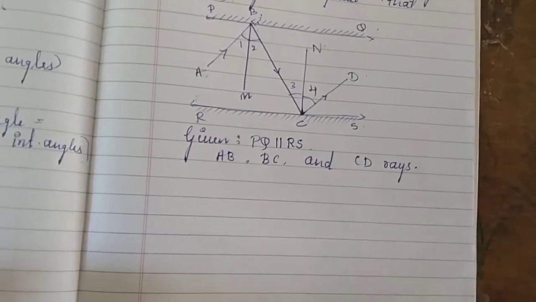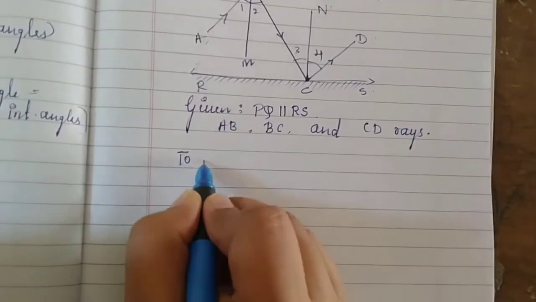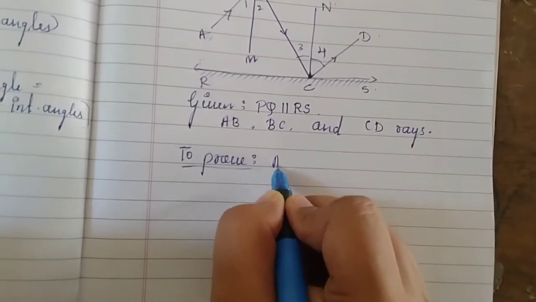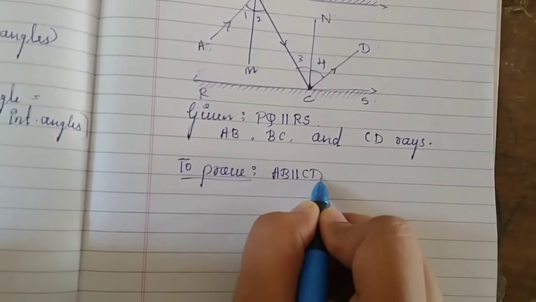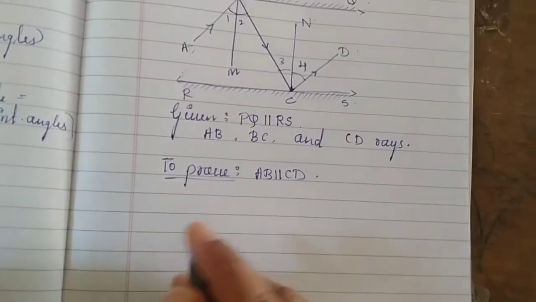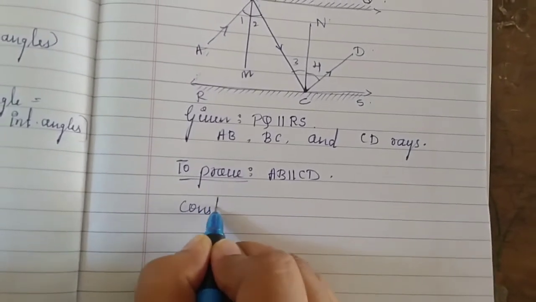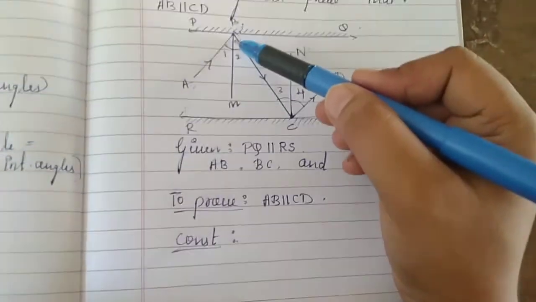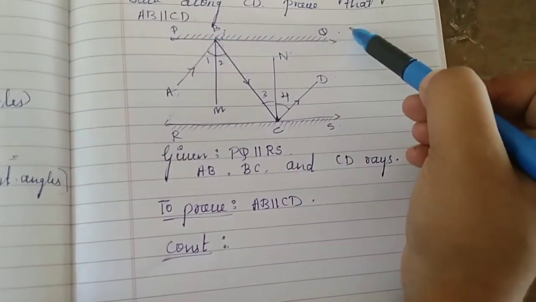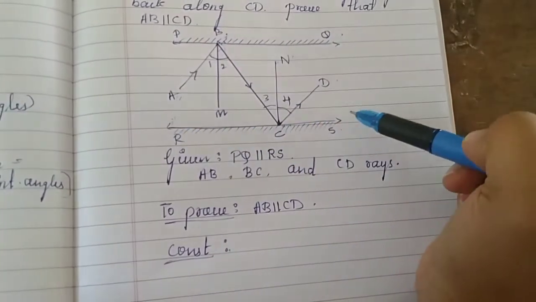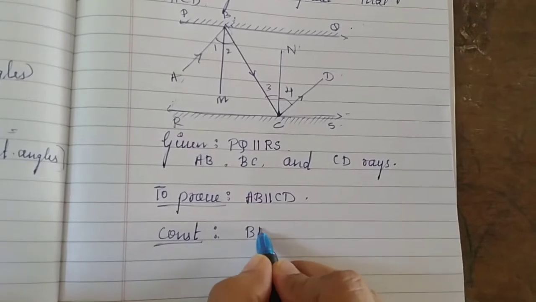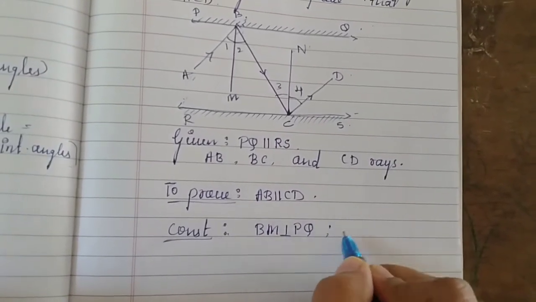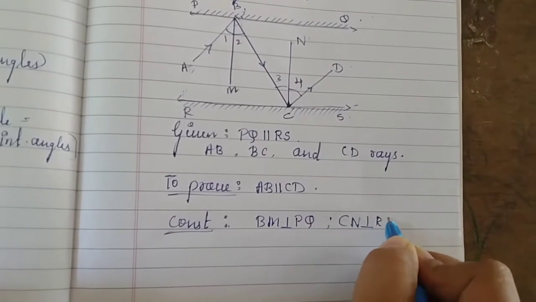So now what you have to prove? You have to prove that AB is parallel to CD. Okay, so now here some construction you have to do. The construction here is nothing but you have to draw the two perpendiculars over here, that is BM perpendicular to PQ and CN perpendicular to RS.